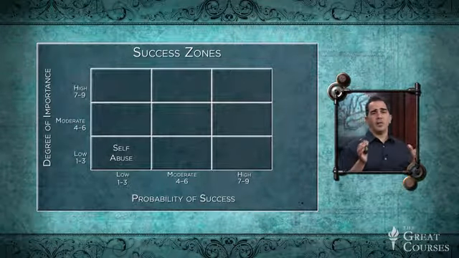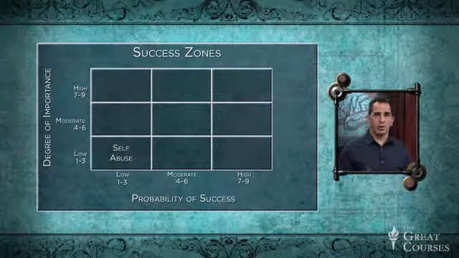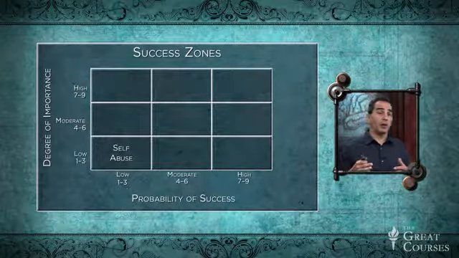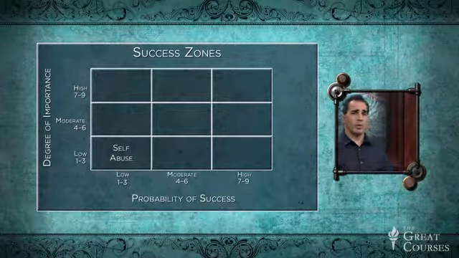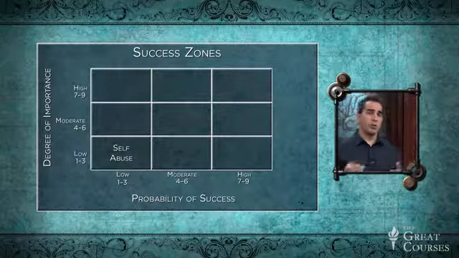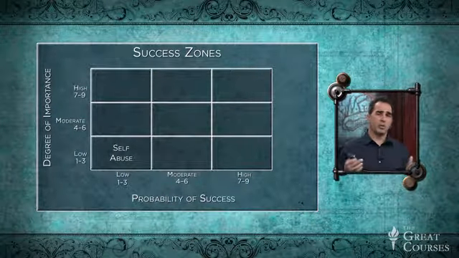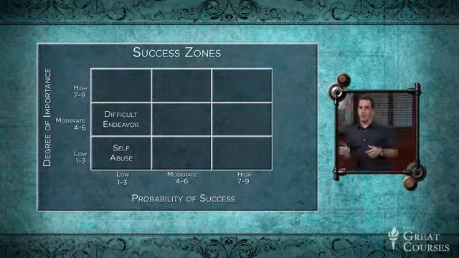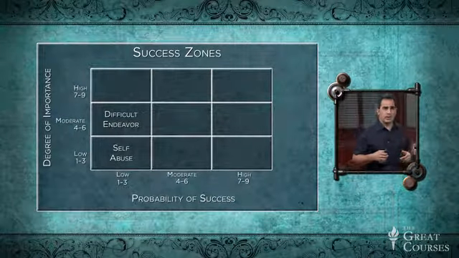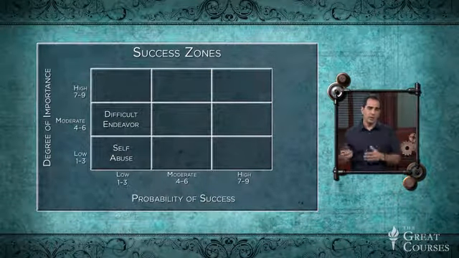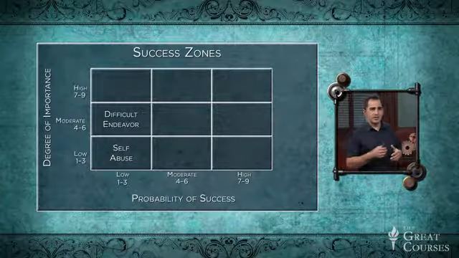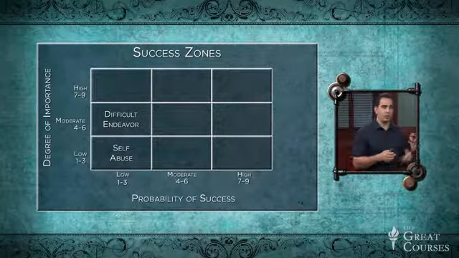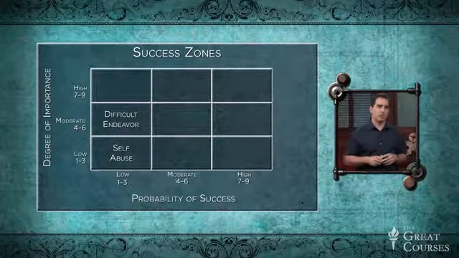If we have a scenario, think about your goal, that has a probability of success that's low, and our degree of importance is moderate, this is what we refer to as a difficult endeavor. It's not very likely to be successful, and it's moderately important or valuable to you. It's going to take some energy to do.